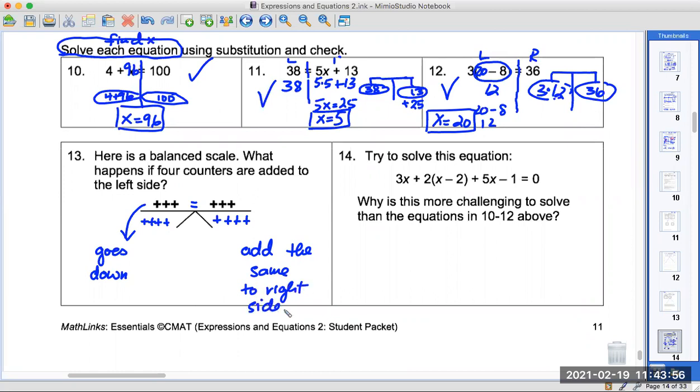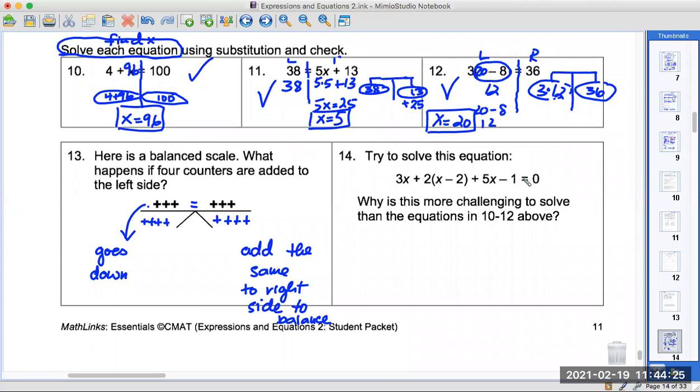This is kind of an idea that whatever you do to one side of an equation, you must do to the other side, or else your equation is out of balance. To keep it balanced, whatever you do to the left side, you must do to the right side. So this is an important concept. You might want to put an arrow or highlight it.